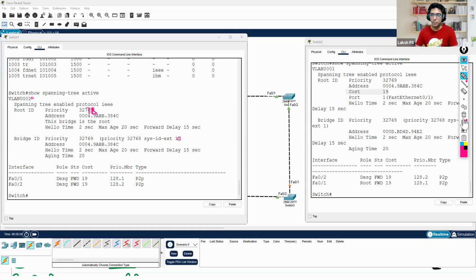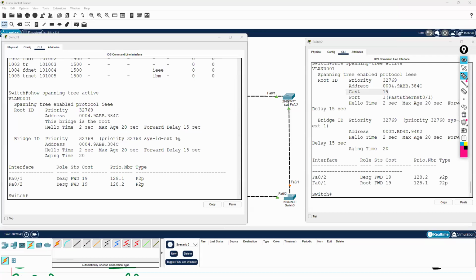So the priority is always shown in the output as the default priority plus the VLAN number. That is how the priority is usually shown, and that is why you see 32769 for VLAN number 1. Based on the VLAN, the priority number will change.